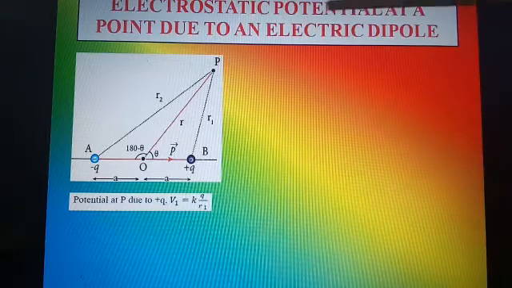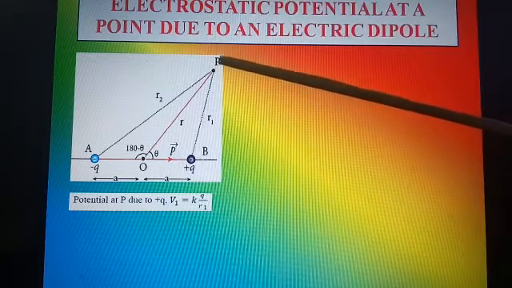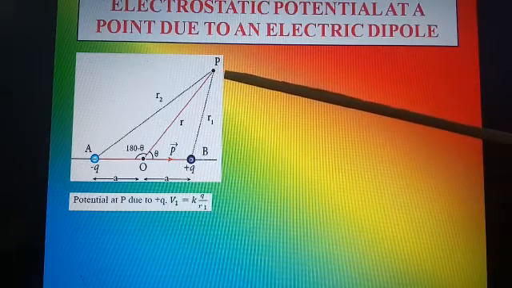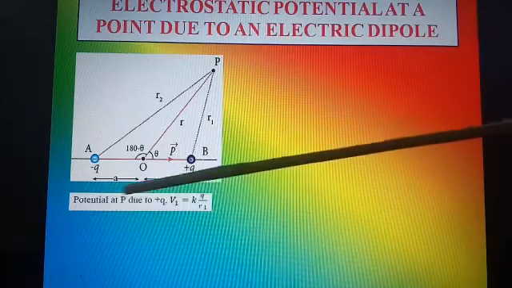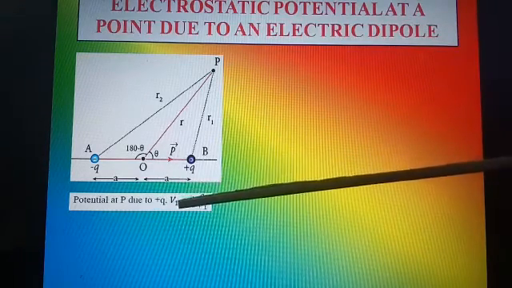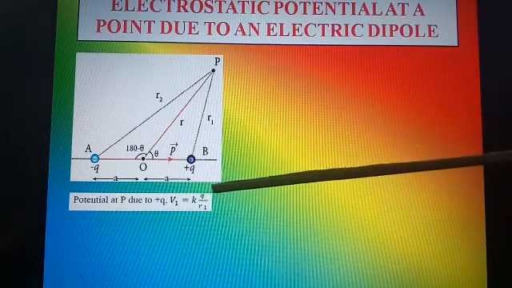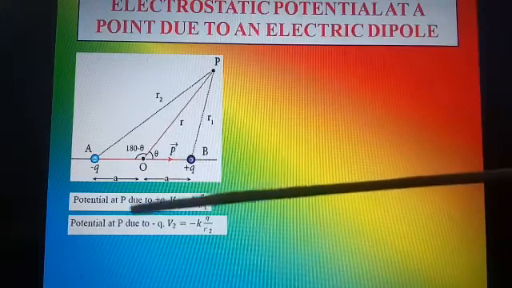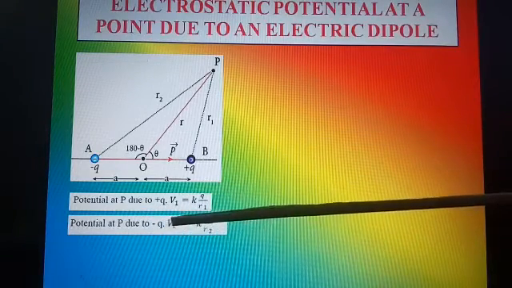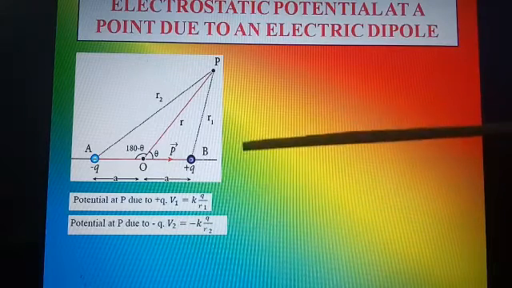Let R1 be the distance of the point P from plus Q and R2 be the distance of the point P from minus Q. So the potential at P due to the plus Q charge, that is V1, is equal to KQ by R1, and the potential at point P due to the minus Q charge, that is V2, is equal to minus KQ by R2.